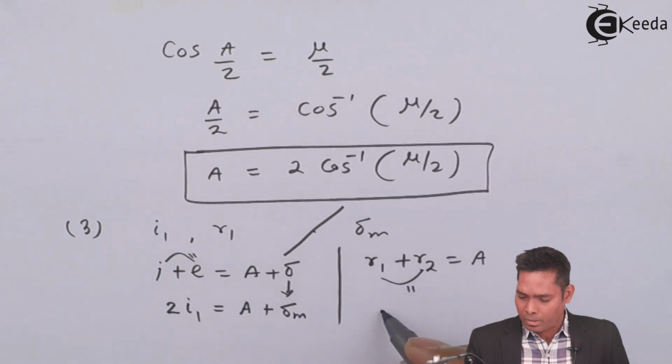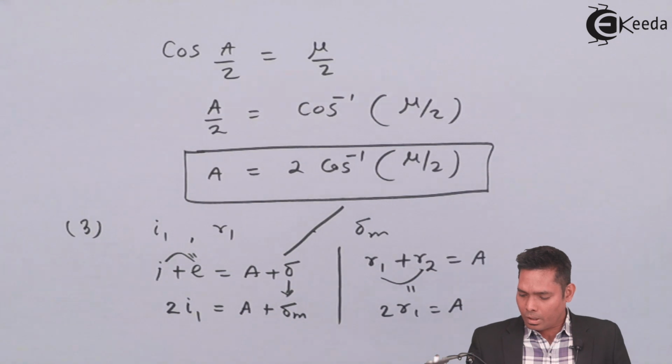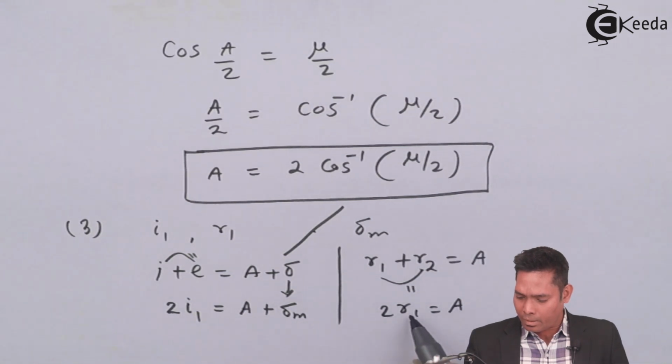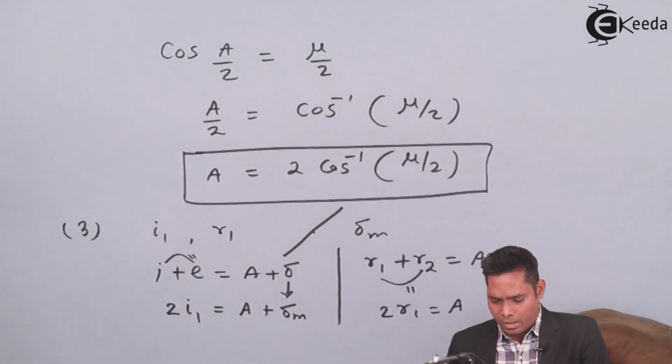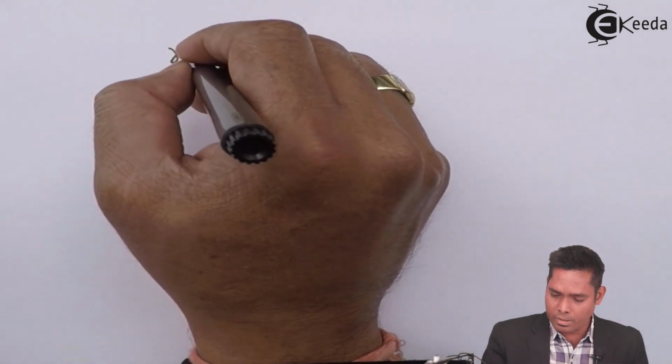R2 is replaced by R1, so 2R1 is A. If 2R1 is A, then R1 is A by 2.